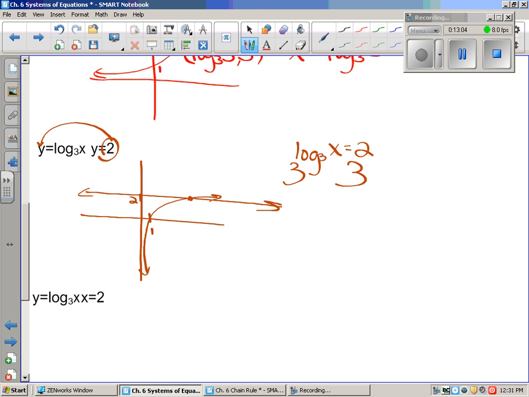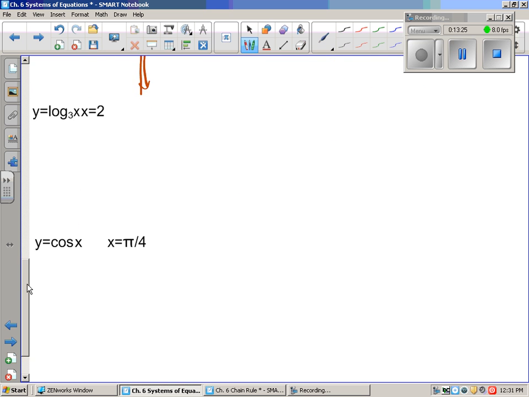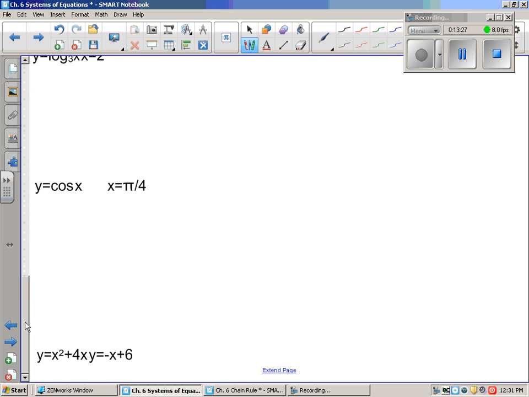We 3 it, and that goes away, and so I get x equals 3 squared. Not 3 times 2, but 3 squared, and so that means 9. So my x is 9. What's the y value? Easy enough. You'll really see how this chapter solidifies a lot of the things that we've done this year.